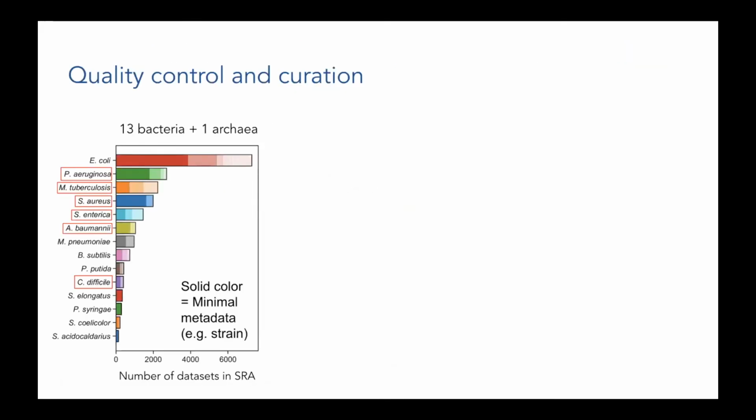But what we did is we selected 13 bacteria and 1 archaea to download all the data from NCBI and process all of this data. We've boxed right here all of the organisms that are probably relevant to the UO1 section, some infectious diseases.